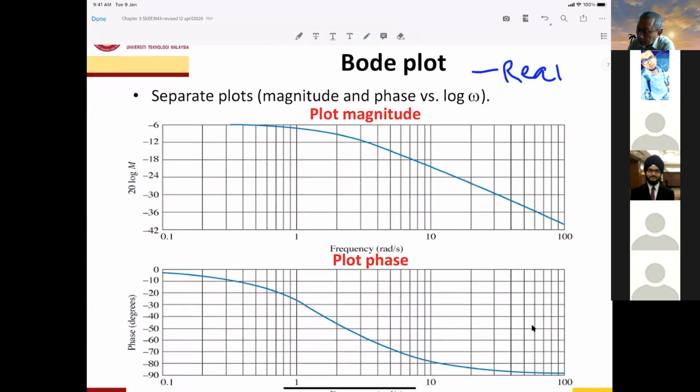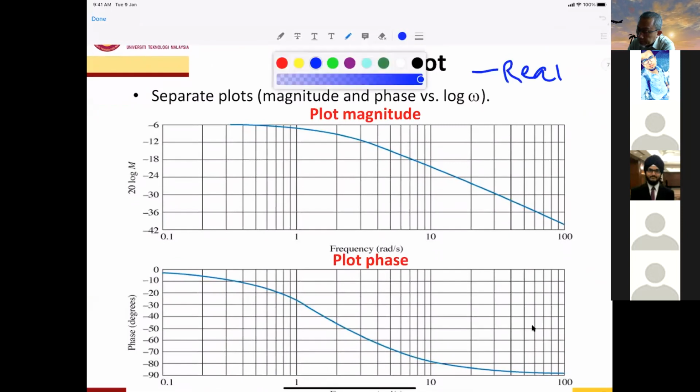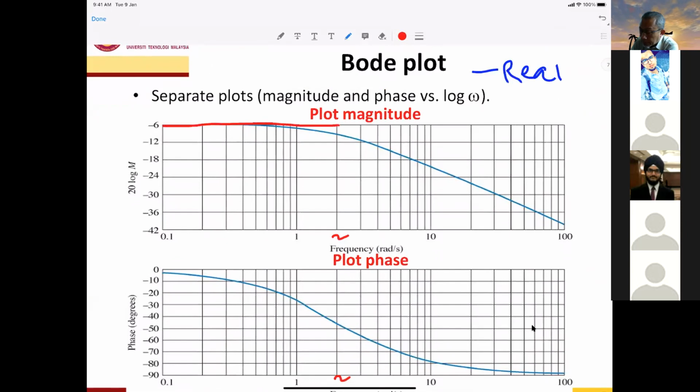The straight line approximation is here. Okay, this is the 2, the break frequency, and then it will go down straight. This one we call a straight line approximation.